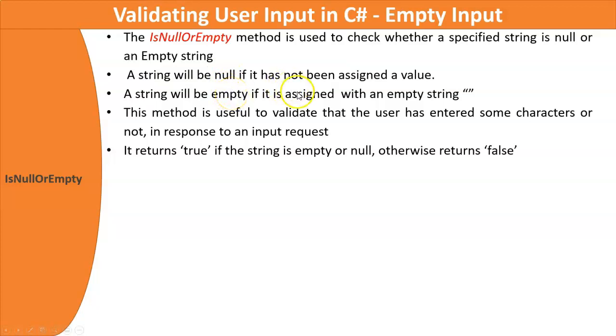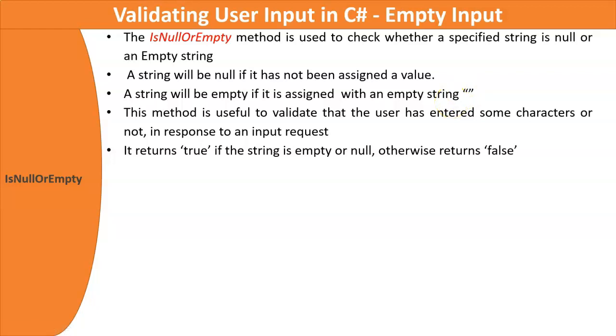If a string is assigned an empty value, then it is called an empty string. An empty string is denoted using an opening double quote and an ending double quote. There is nothing specified inside this pair of double quotes. Then it is called an empty string.